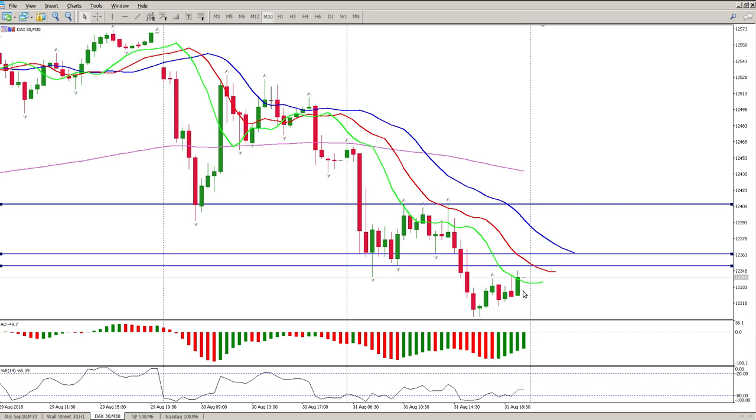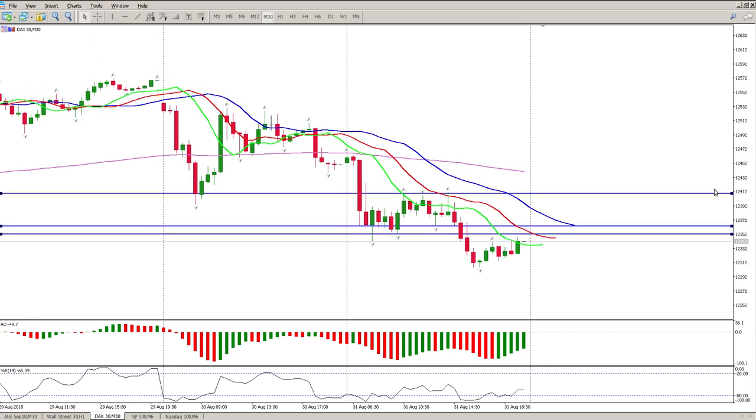So the DAX futures at the moment is 12,332.